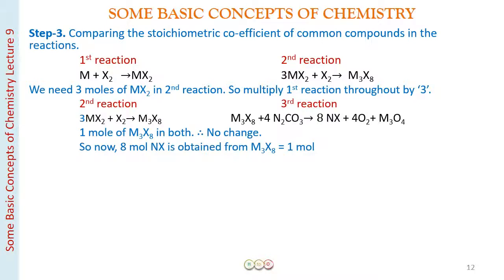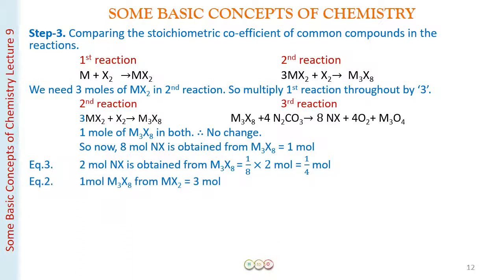So now from the third equation, what you get is that 8 moles of NX are being formed by 1 mole of M3X8. And according to the question, you had calculated that the product formed is 2 moles of NX, right? So 2 moles of NX are going to be obtained from how much M3X8? That would be 1 by 4 moles.